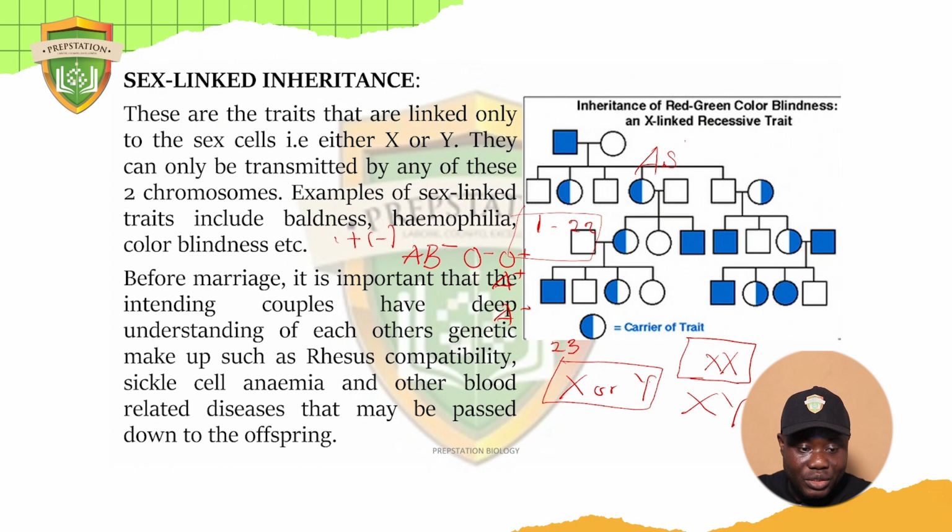Is that clear now? So let me go back to the rhesus compatibility. One of the issues that people can have with rhesus is that, for academic purposes, we know that blood group O is known as the universal donor. But for medical purposes, blood group O alone is not the universal donor.